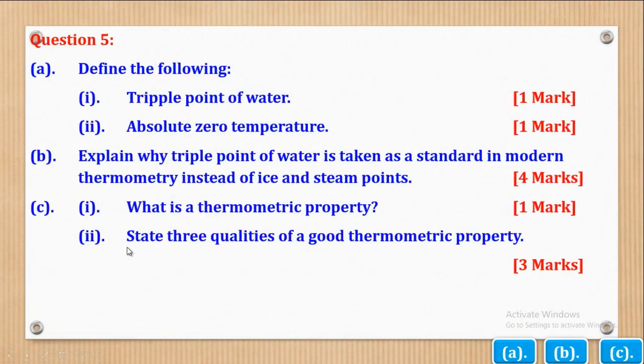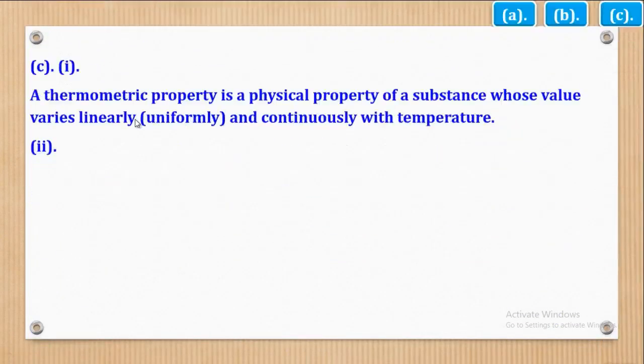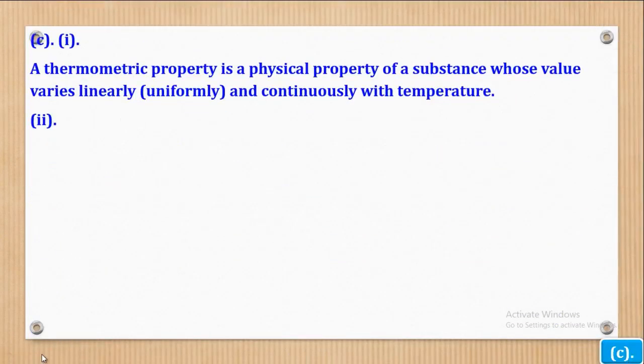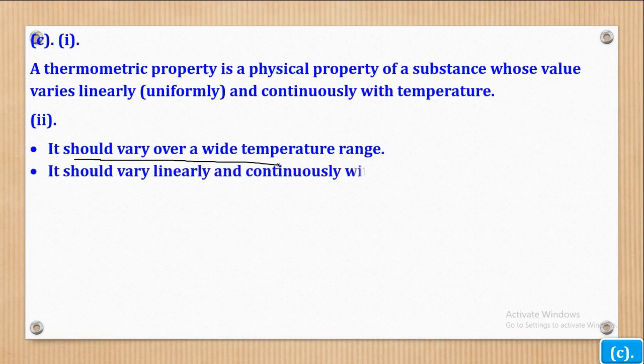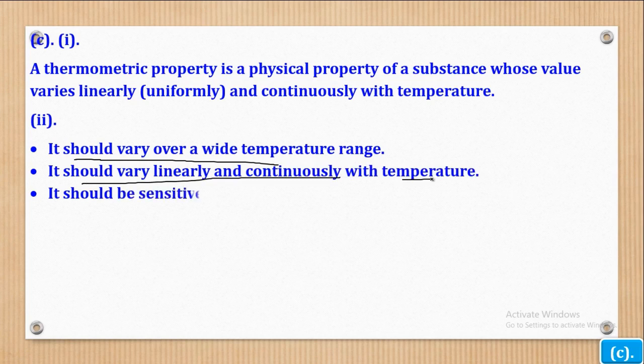Roman 2 says, state three qualities of a good thermometric property. So the first one is that it should vary over a wide temperature range. The next, it should vary linearly and continuously with temperature. Next is that it should be sensitive to temperature changes.